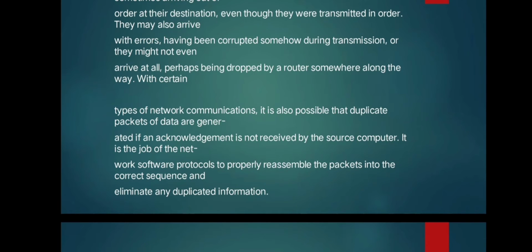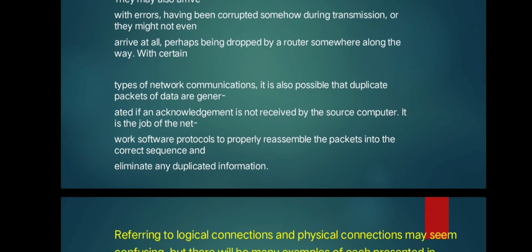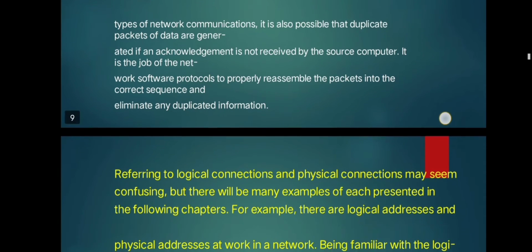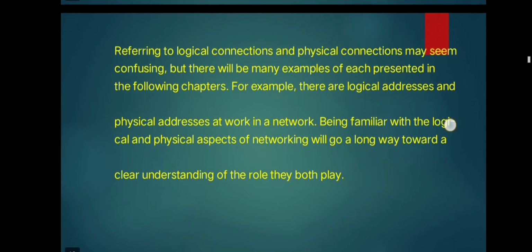It is also possible that duplicate packets of data are generated if an acknowledgement is not received by the source computer. It is the job of the network software protocols to properly reassemble the packets.